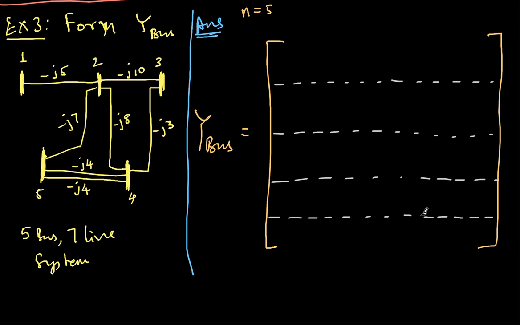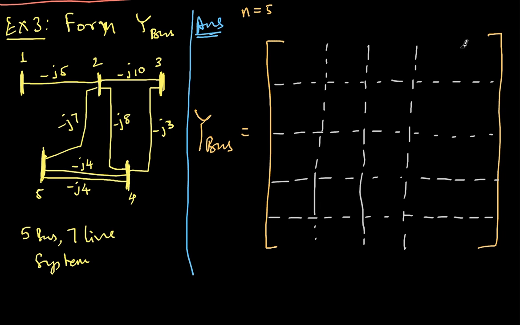So I have 5 rows and then 5 columns: column 1, column 2, column 3, 4 and 5. Let me also give the numbering.